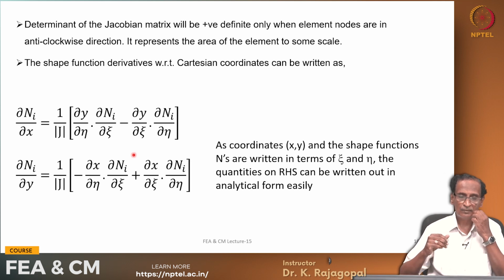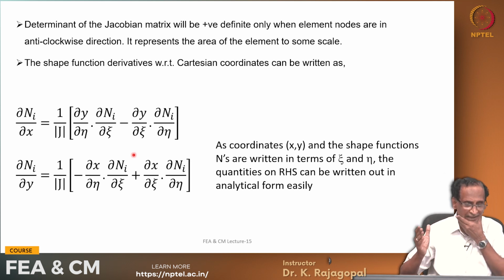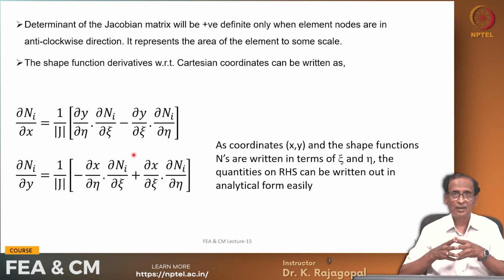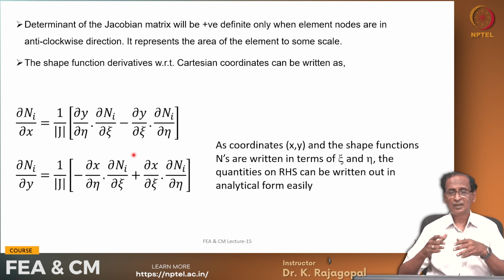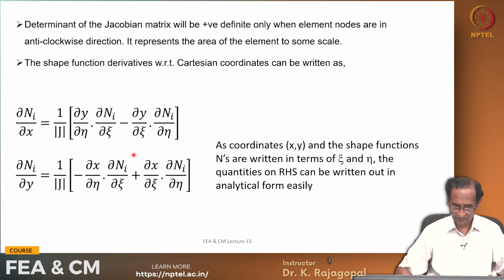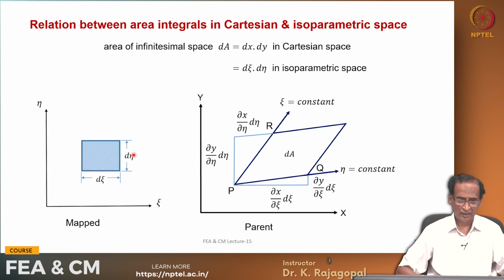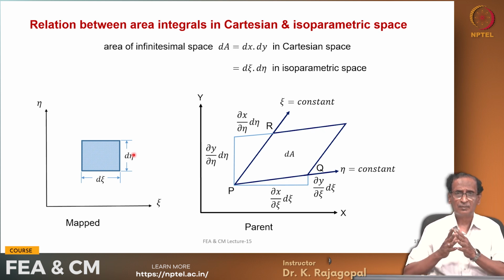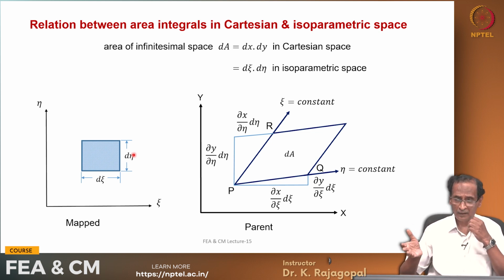Now we are dealing with integration in Cartesian space, integral of x and y, but with the mapping we are working in terms of -1 to +1. So, how do we do that, and how do we establish the relation between the Cartesian space and the isoparametric or natural space?